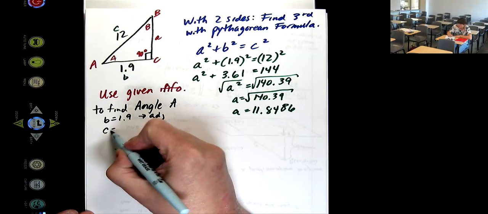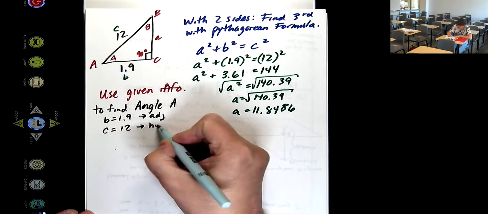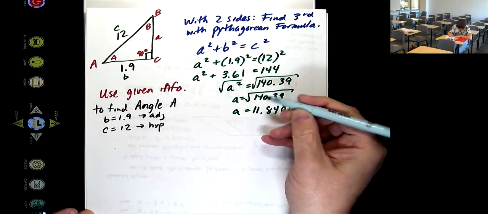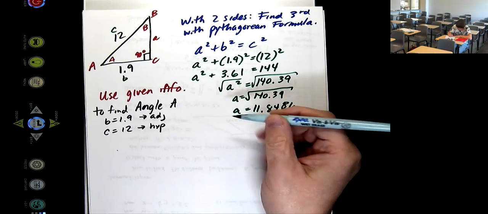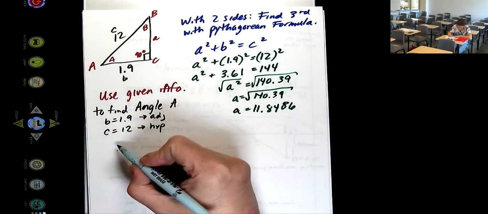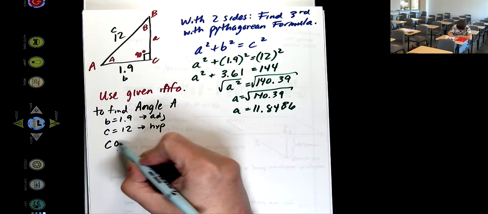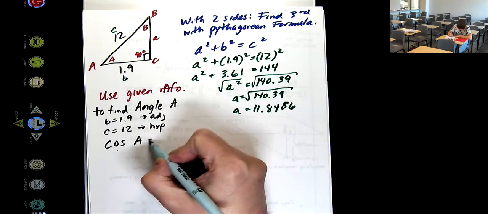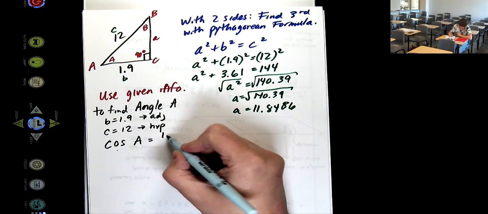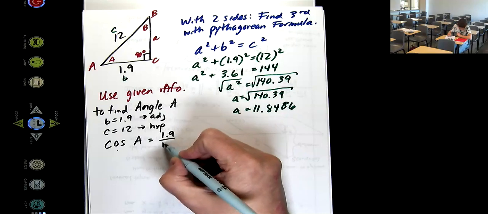And C equals 12 is hypotenuse. If we go with our SOHCAHTOA, this is cosine. Cosine of A equals adjacent over hypotenuse, which is 1.9 over 12.